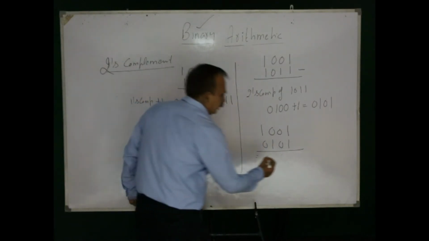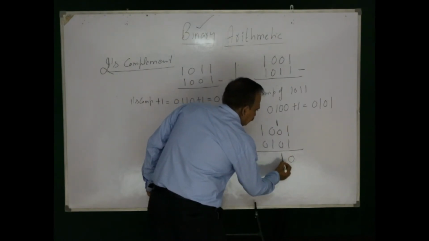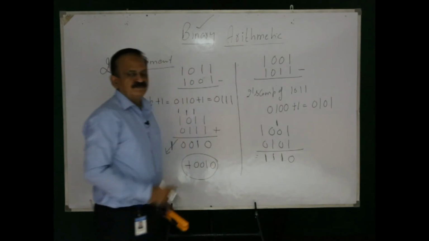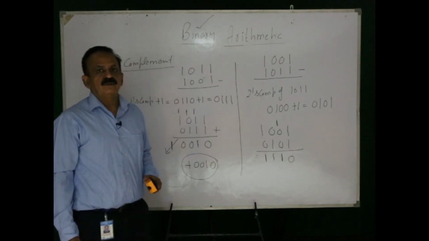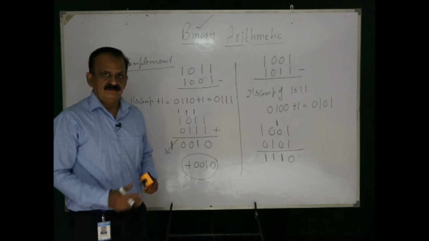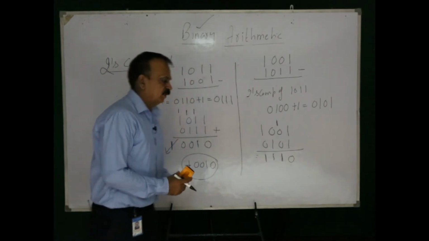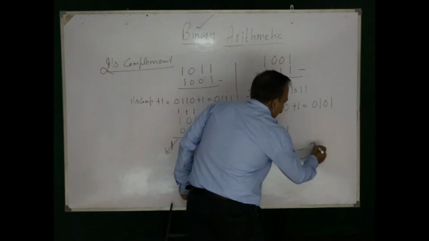Now 1 plus 1, it is 0. The carry is 1. This is 1. This is 1. This is 1. There is no carry. And if there is no carry, the answer is going to be negative. And it will be the 2's complement of this. I will be finding the 2's complement of this.